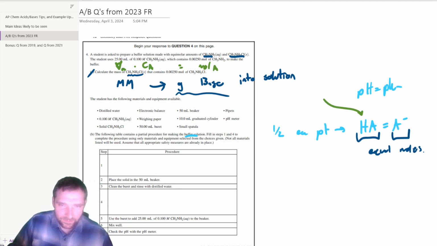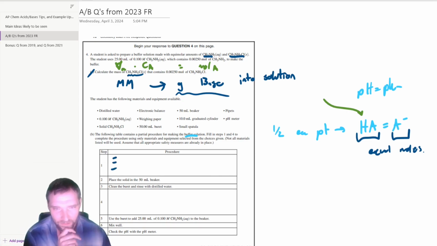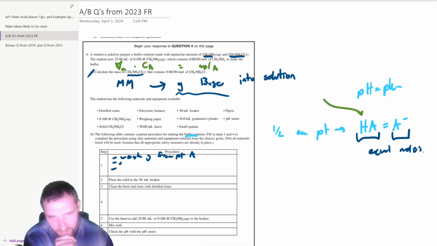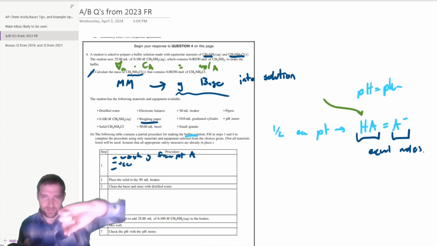To do that, you basically need to weigh out, they've got some procedure stuff here, so you're going to need to weigh grams from part A. They've given you a couple things here. You're probably going to need to use the weighing paper, because you're putting some solid on a scale.